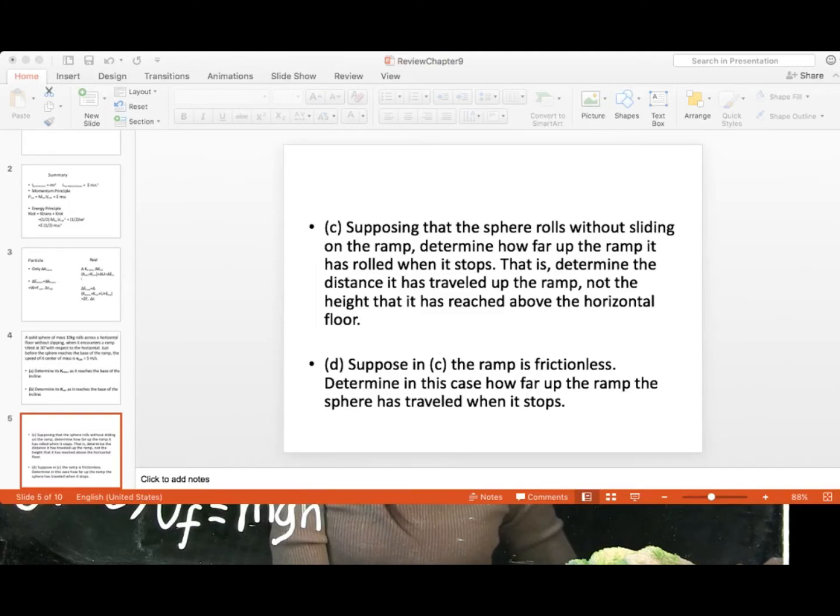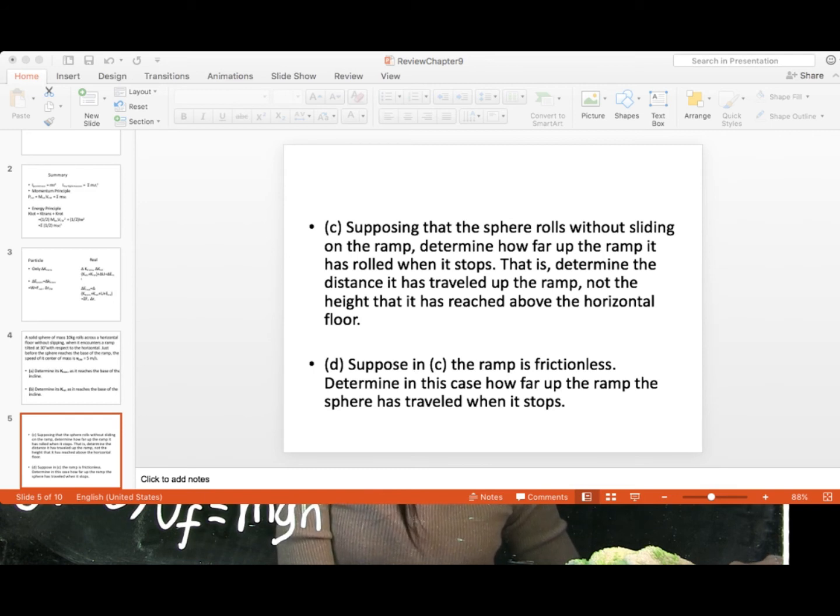So let us answer the last part of the question, which is that suppose in part C the ramp is frictionless. There's no friction with the sphere going up the ramp, and this implies that the sphere cannot roll. As it cannot grip the surface, it's unable to roll, so there's no rotational kinetic energy.